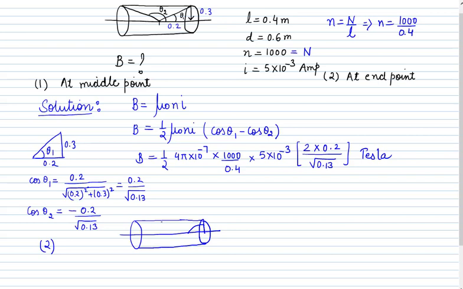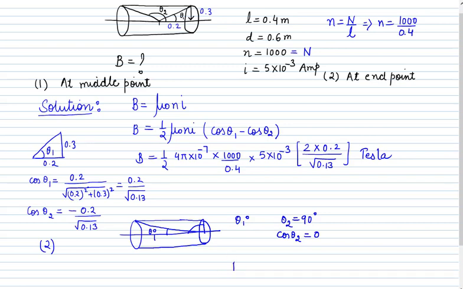And second will be this end point. So this angle, say theta degree. So we have two angles, theta 1 degree and theta 2 is equal to 90 degree. So cos theta 2, cos 90, is equal to 0. So cos theta 2 will become 0, and we'll have only cos theta 1.